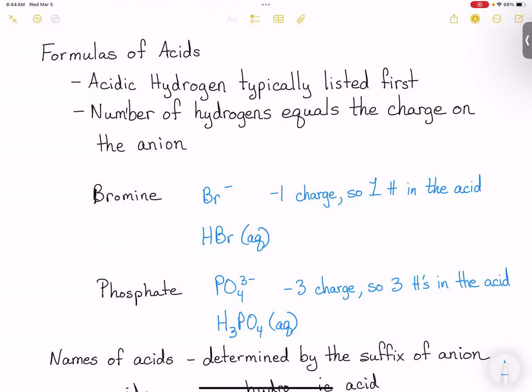Now, it is the next part that you've got to be prepared to do, because you've got to be prepared to go between the name of the acid and the formula of the acid, and the formula of the acid back to the name.